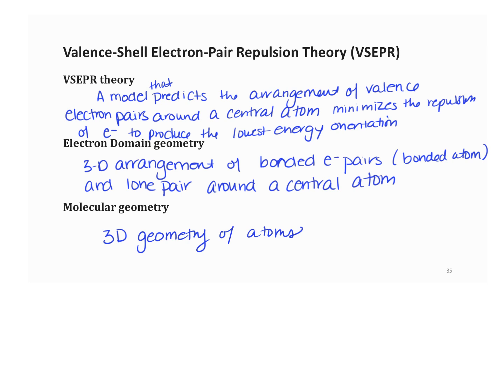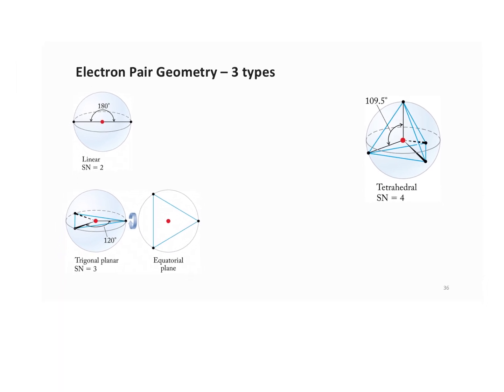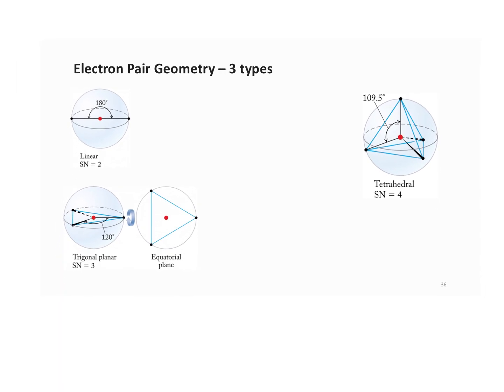So let's look at this a little bit. There are three main types of electron pair geometry that we're going to talk about. There is linear. Now linear generally looks two ways. It can either be two atoms that are attached, so we've got one atom here attached to one atom here. An example of this would be F2, fluorine, and it makes a linear form.